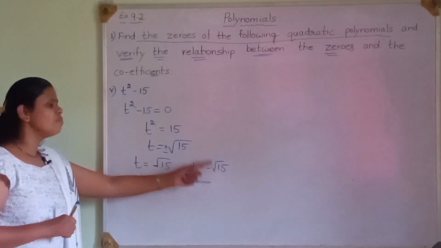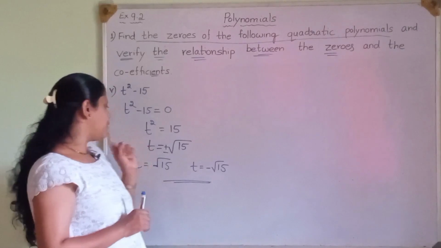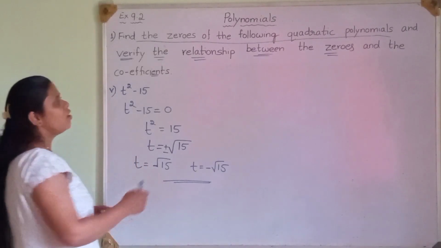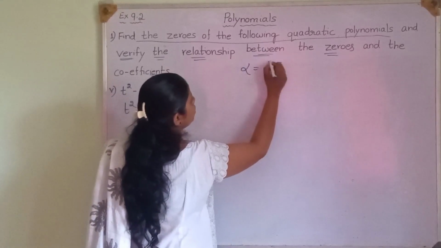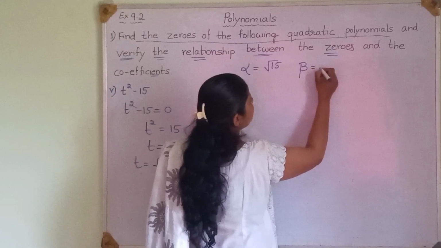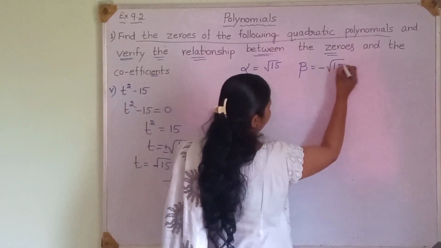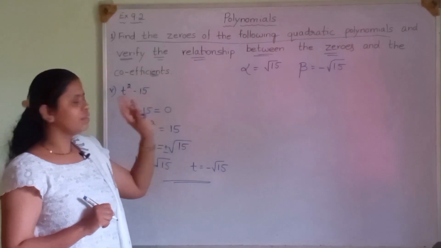Zeros of the polynomial are represented using alpha and beta. That is, the value of alpha is √15 and the value of beta is -√15. And we have completed the first part of the question.